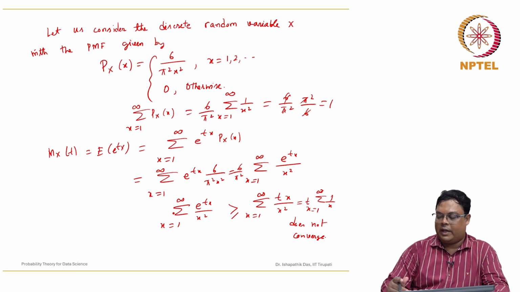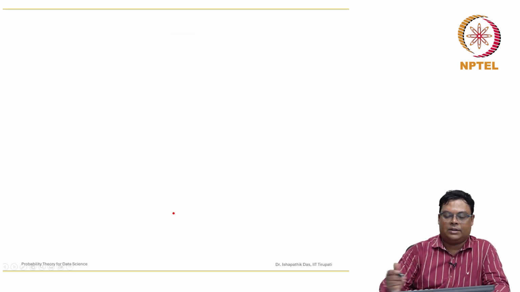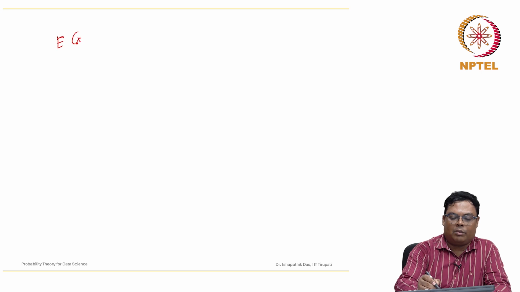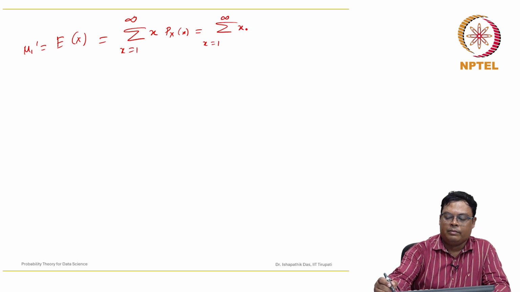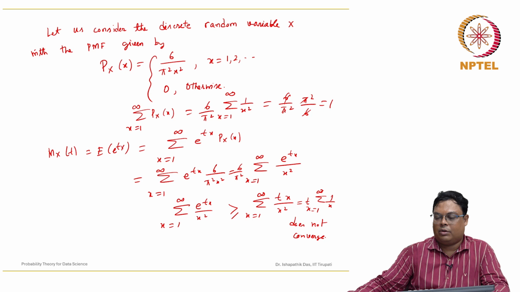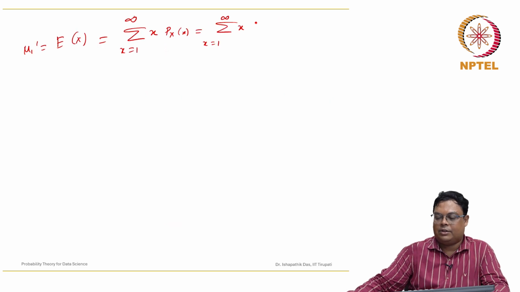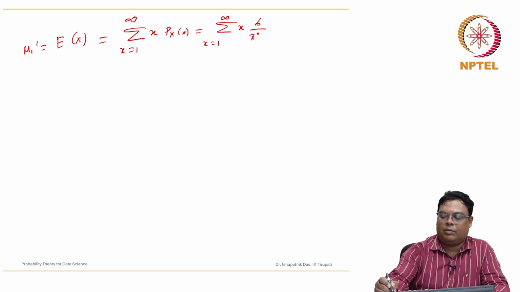Now in another way, we can discuss the moments. We consider the first order moment, suppose mu1 dash. By definition this is the summation over x from 1 to infinity of x times P_X(x), where P_X(x) is 6 by pi square x square. So 6 by pi square is a constant, times the summation over x from 1 to infinity of x times 1 by x square, which is 1 by x.